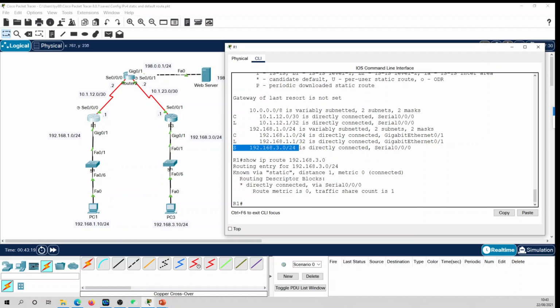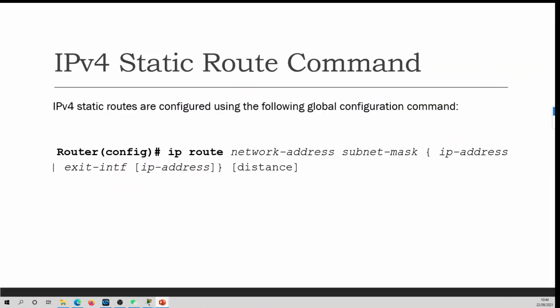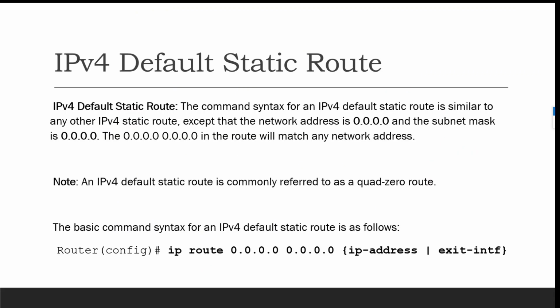network. We can use the same way we configured for the R3 network, but here I want to configure a default route. So what is the syntax to configure a static default route? The default route is known as the gateway of last resort.